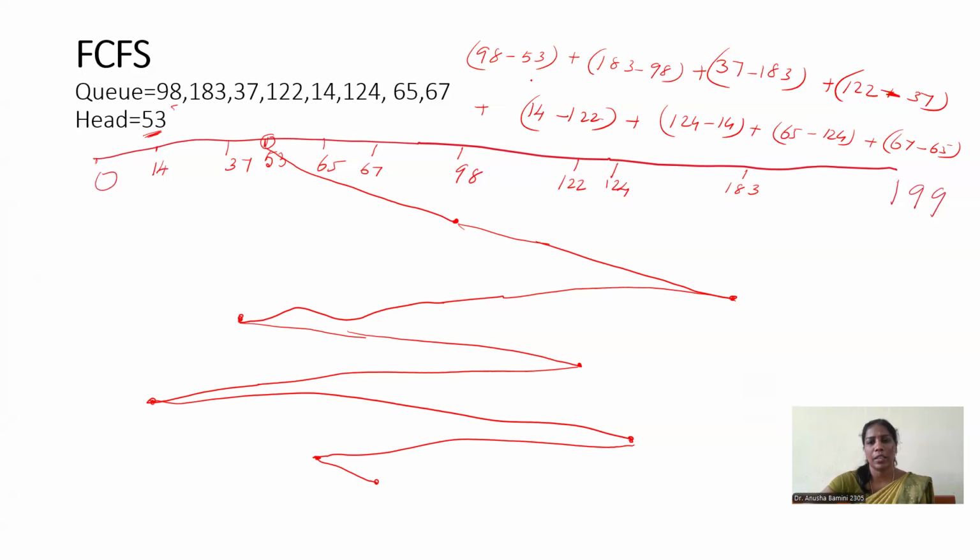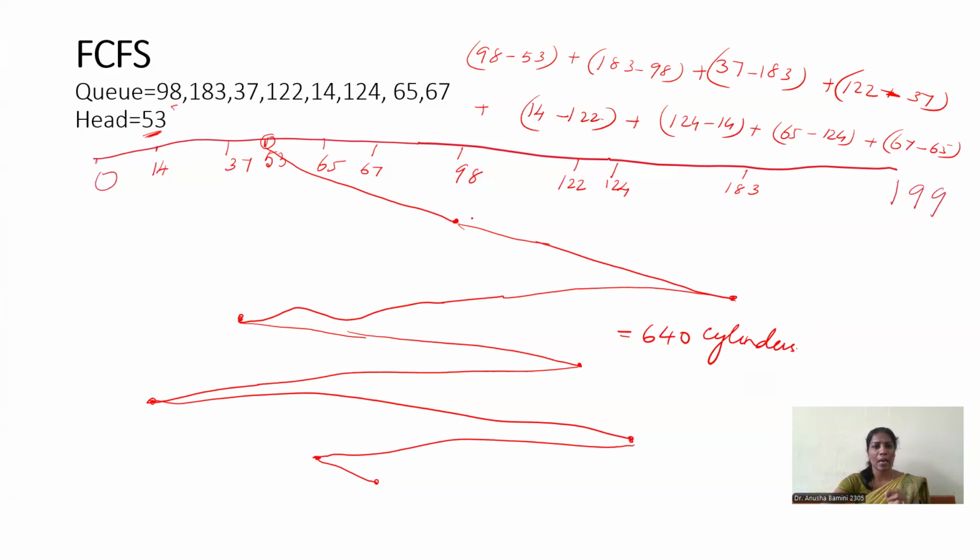Finally, you add everything, taking the differences and summing them. You will get the answer of 640. So 640 cylinders were moved from the head position in total.